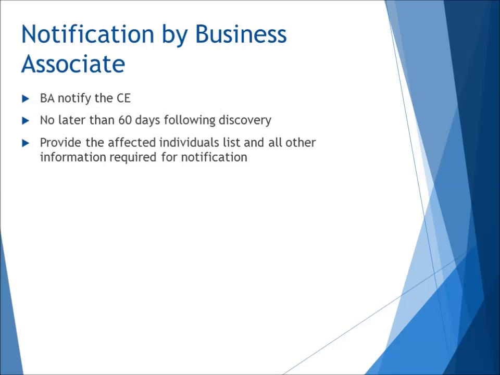To the extent possible, the business associate should provide the covered entity with the identification of each individual affected by the breach, as well as any other available information required to be provided by the covered entity in its notification to affected individuals. So all those elements that are required for notification to the individual, you can get those from the business associate, and they're required to give that to you.